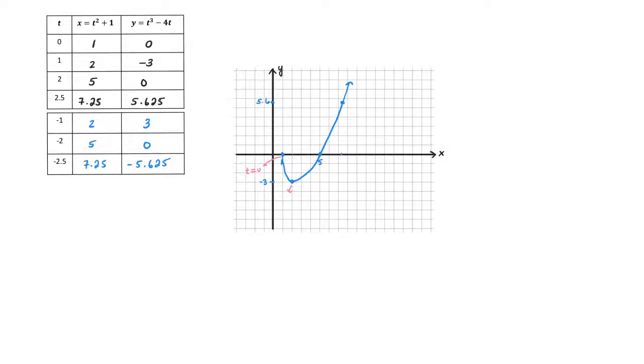This one right here corresponds to t equals 1. This one t equals 2. And this one right here t equals 2.5. And you can notice that the graph shapes up like this. Notice how the x values begin at 1 and then they seem to extend in this direction. The y values will continue extending towards positive infinity.